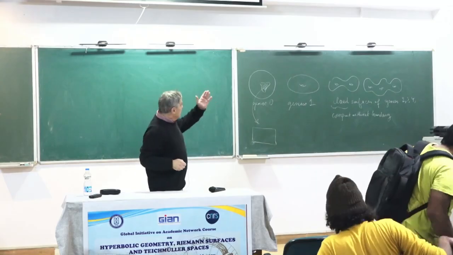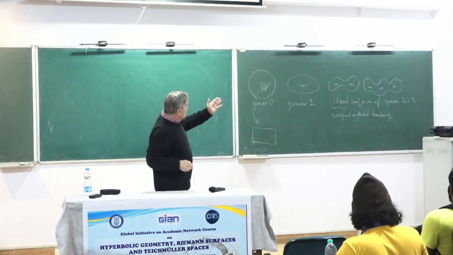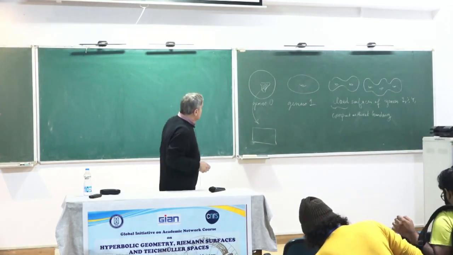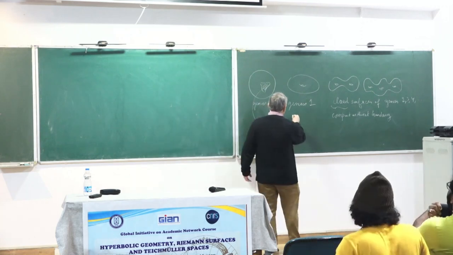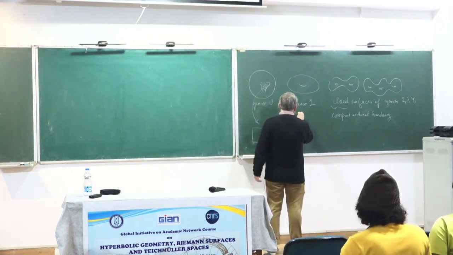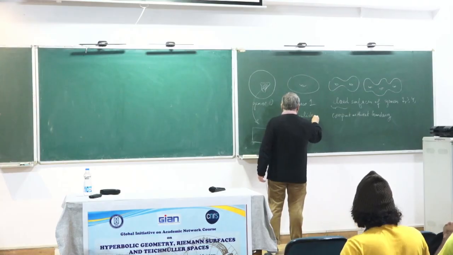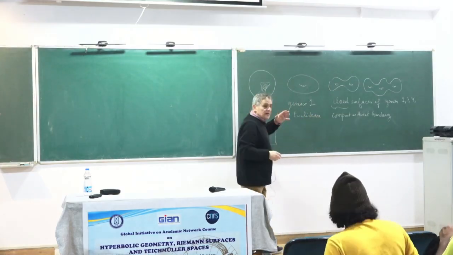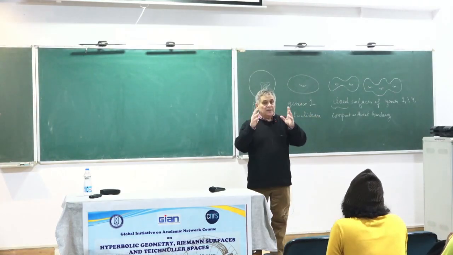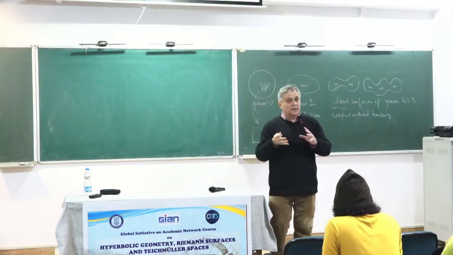Okay. Now we said that this is Euclidean. So here the sphere is equipped with its usual metric, with its round metric.